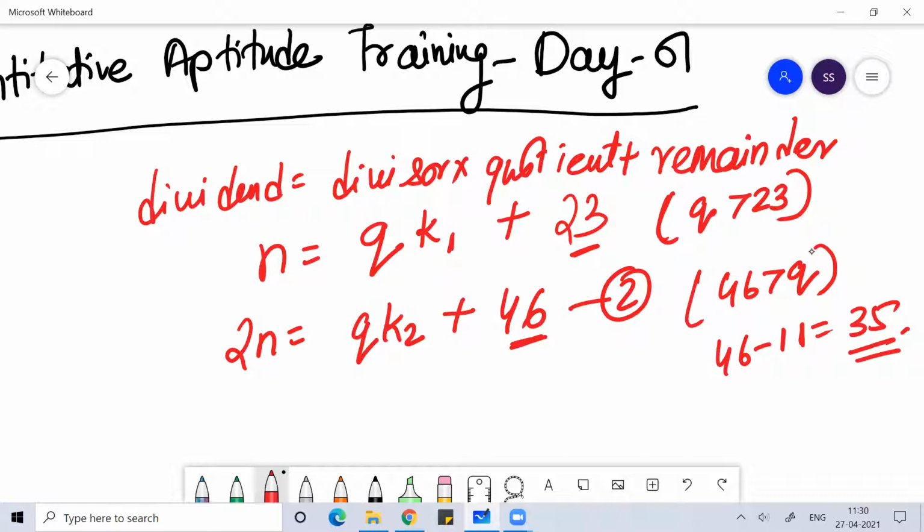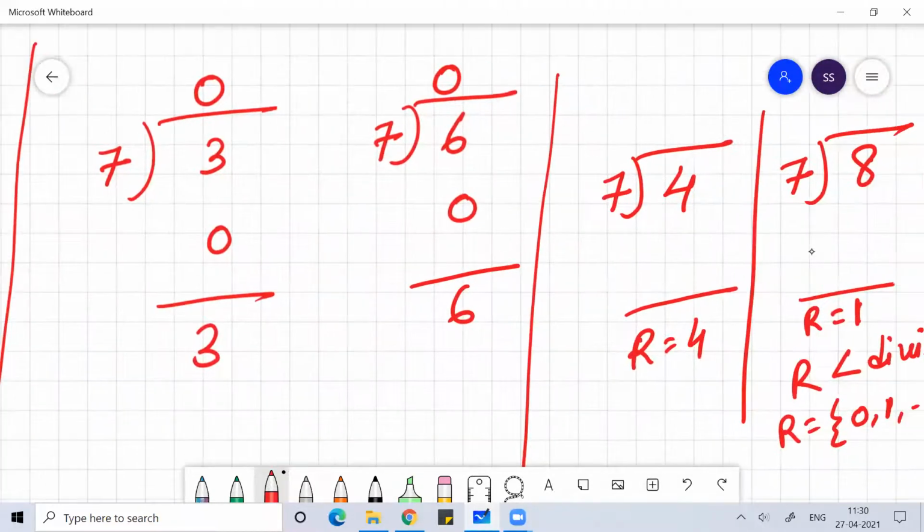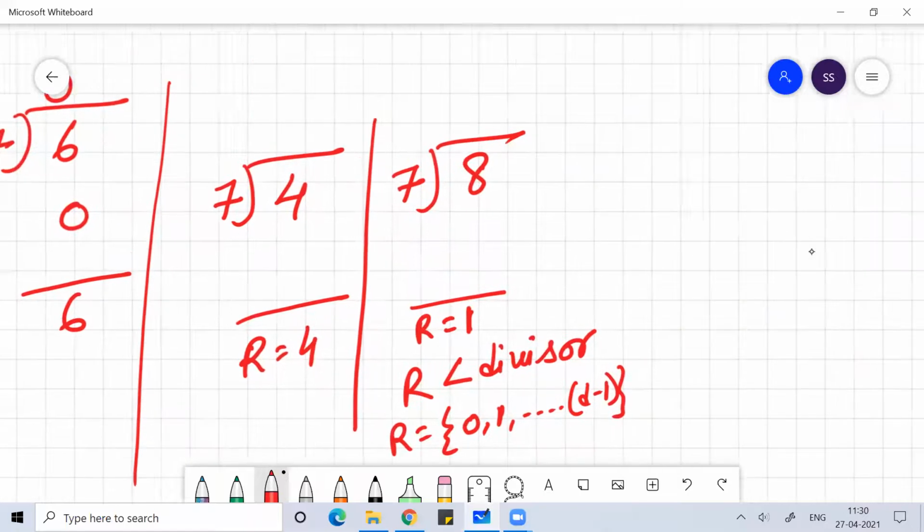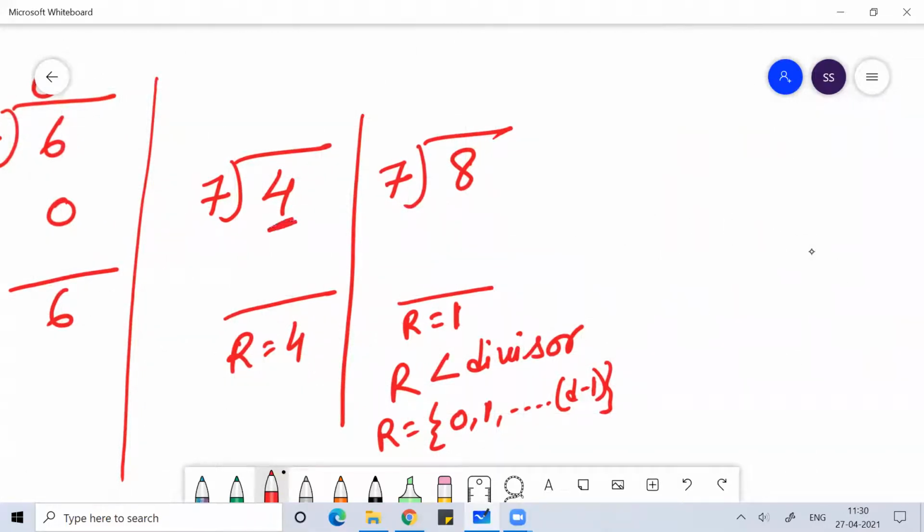Whatever changes you make on the number, the same changes happen with the remainder. Here, if you divide 4 by 7, you're getting a remainder 4, because 4 is less than 7. Any number you divide by 7, the remainder is 0, 1, 2, 3, 4, 5 or 6.